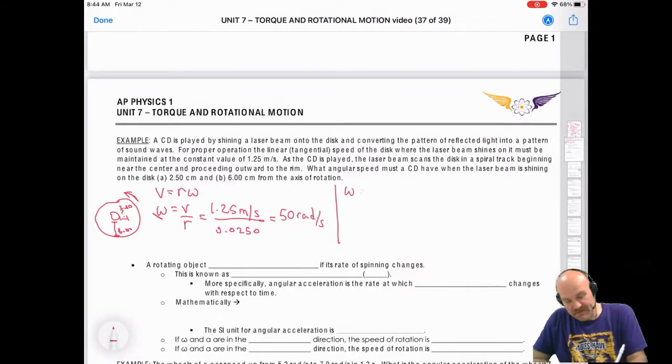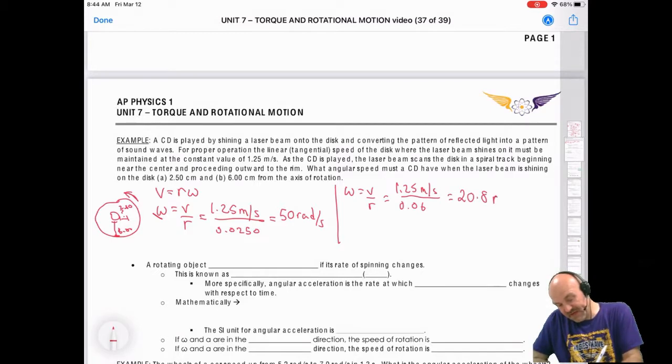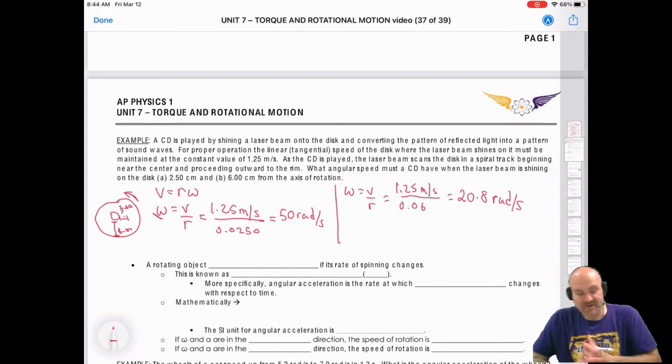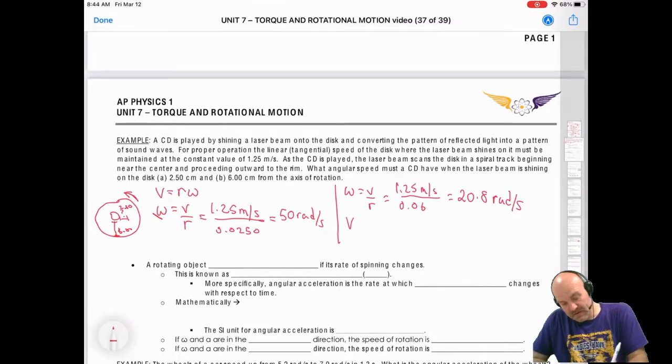Now we do the same thing for v over r at 6 centimeters, so 1.25 meters per second divided by 0.06 meters, and this gives us 20.8 radians per second. So you can see that the further away you are, the slower you're going to be in terms of your rotational velocity.